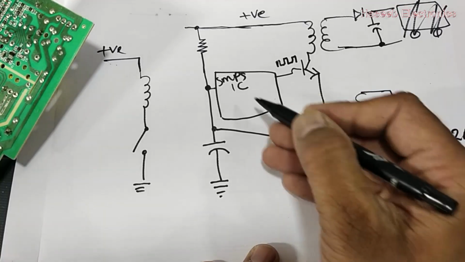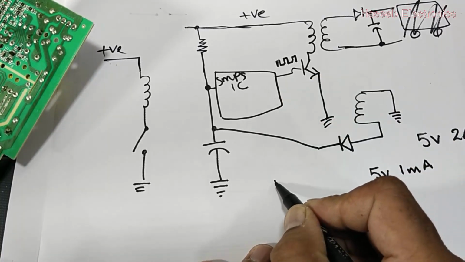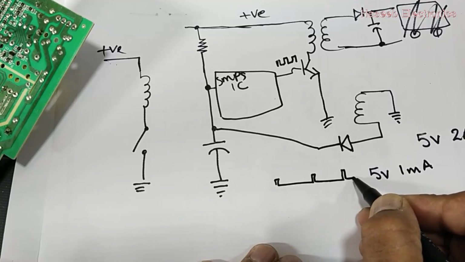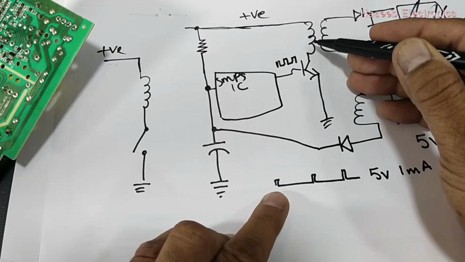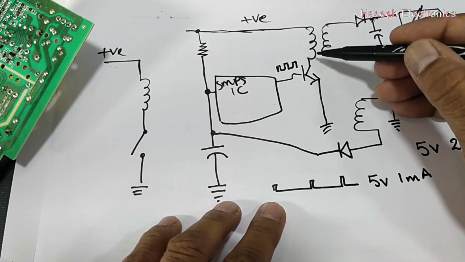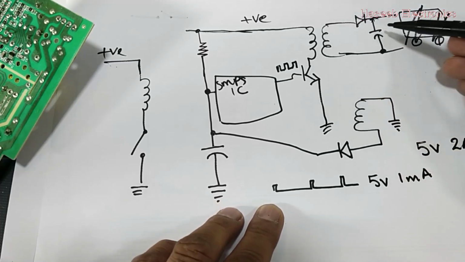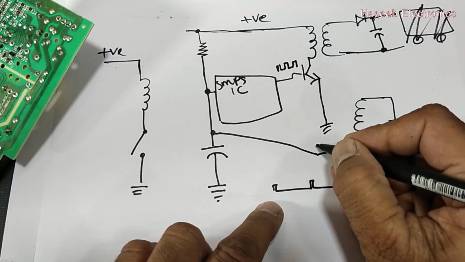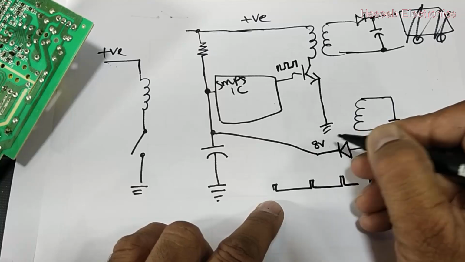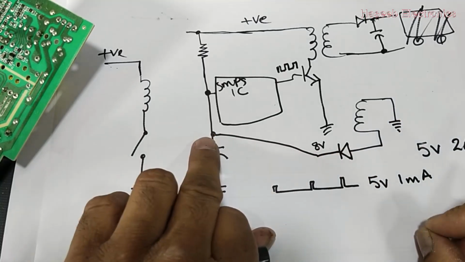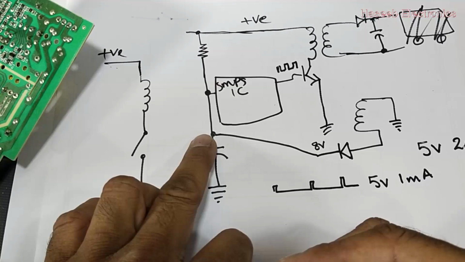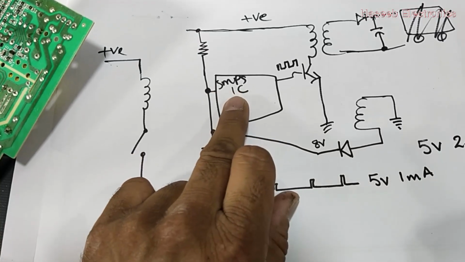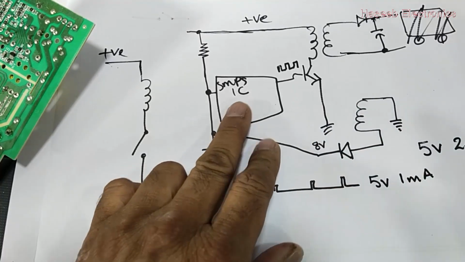At that time this IC is driving 10% duty cycle, slow pulses. As a result, a weak magnetic field is produced in the primary and voltage in the secondary, and here, for example, at that time it is providing 8 volt. 8 volt reaches here and provides enough current to this IC, so this IC will run smoothly.